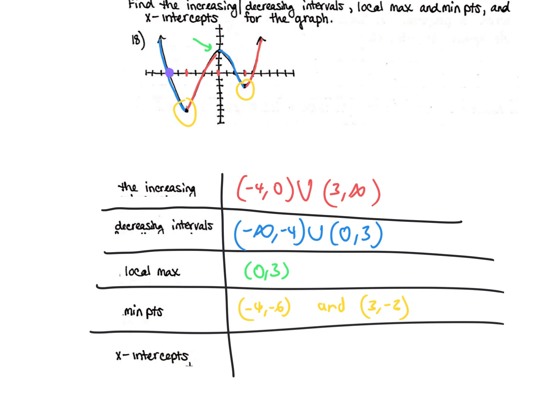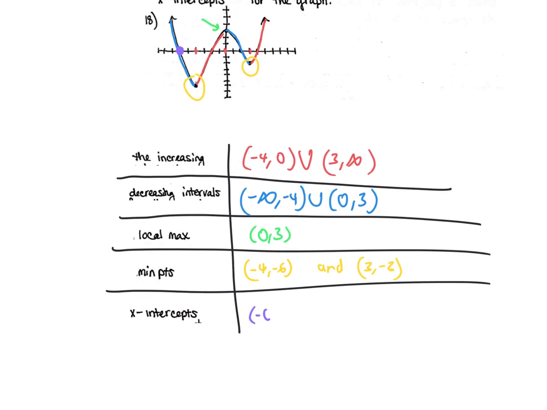This purple point right there is (-6, 0). This purple point right here, (-2, 0). This purple point right here, (2, 0). And this purple point right there is 1, 2, 3, 4, so (4, 0).